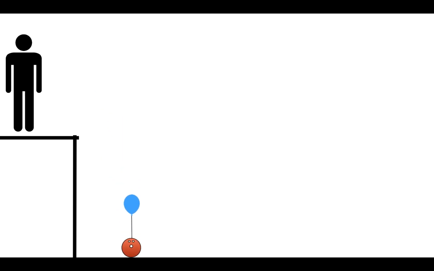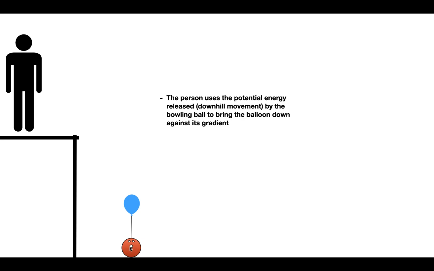This is actually very similar to what happens in cotransport. The person in this case is using the potential energy released by the downhill movement of the bowling ball in order to bring the balloon down against its gradient. Remember that the ball's natural course of movement is from the top of the hill to the bottom of the hill when it's released, whereas the balloon's natural course of movement is from the top of the hill all the way up to the atmosphere.